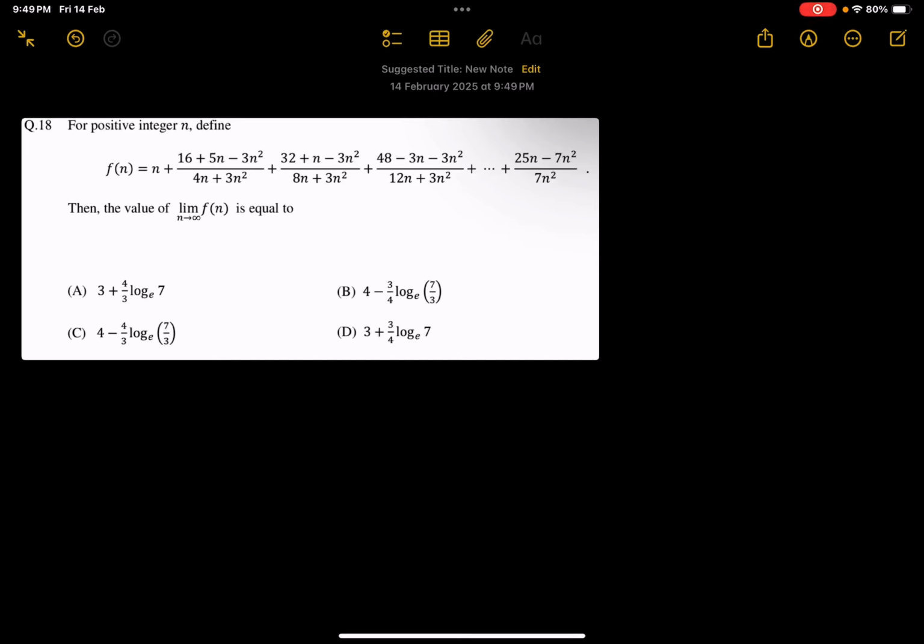Another good question. So what we have is f(n) equals n plus the summation from i equals 1 to n.